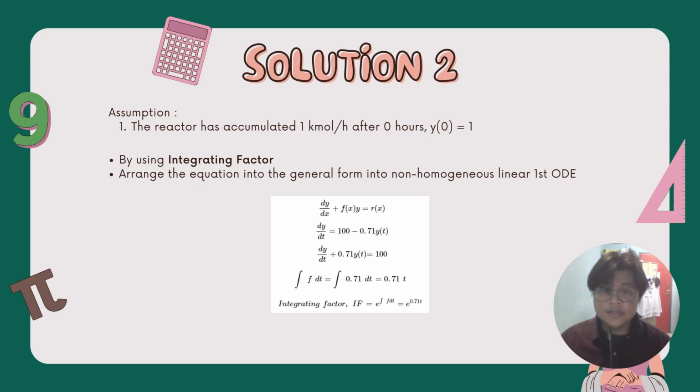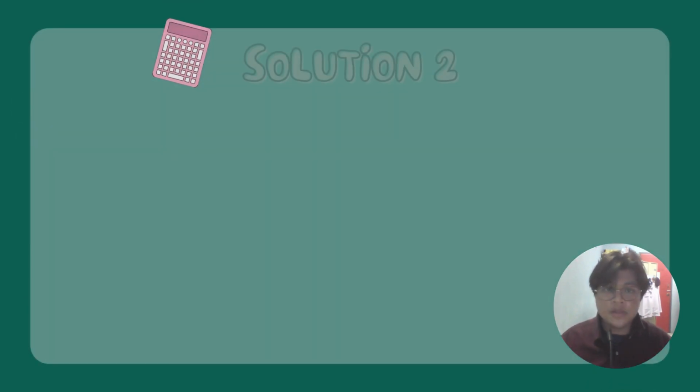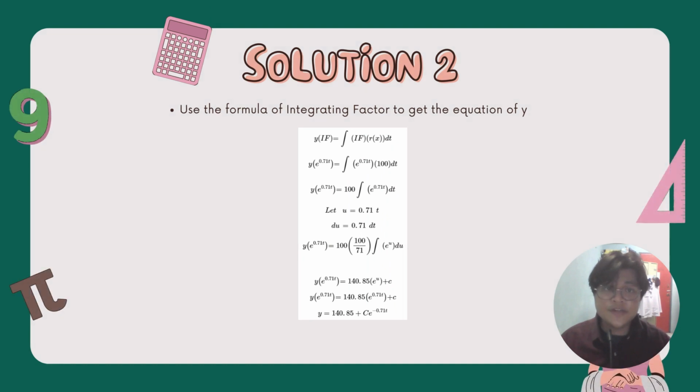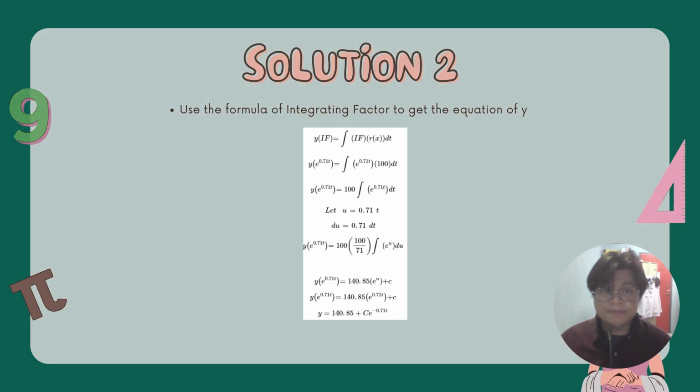Then we solve the equation, where 0.71t equal to f. Then the integrating factor is exponential 0.71t. Then using the formula of the integrating factor to get the equation of y, we get y equal to 140.85 plus c exponential negative 0.71t.